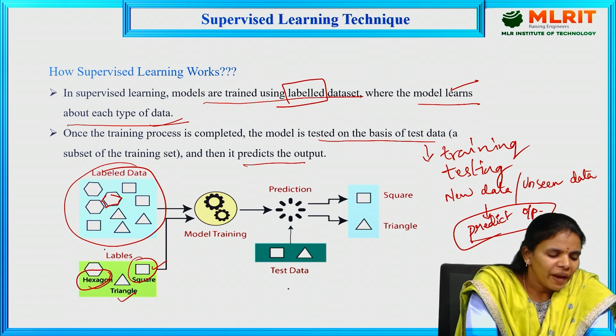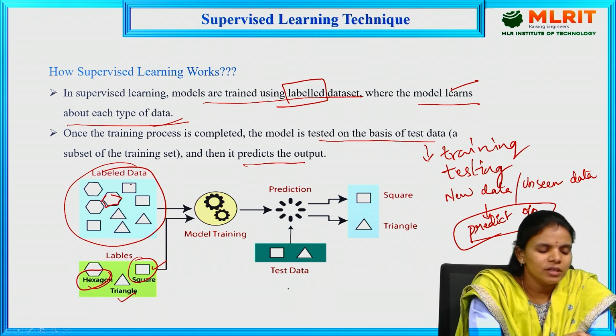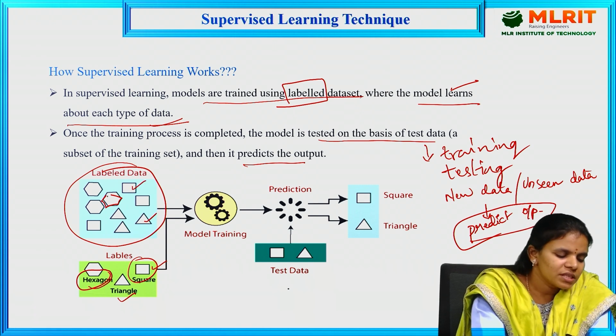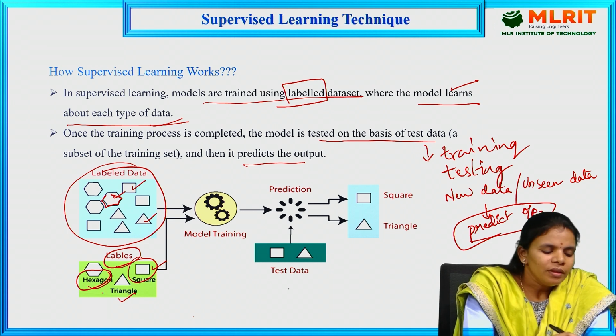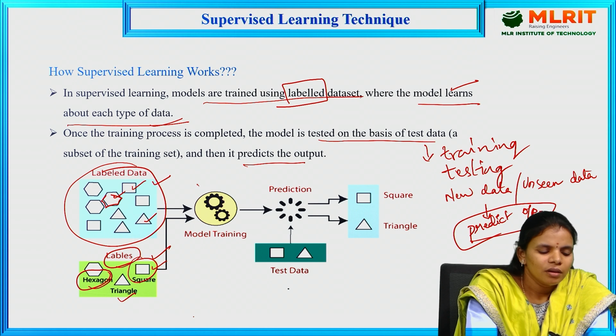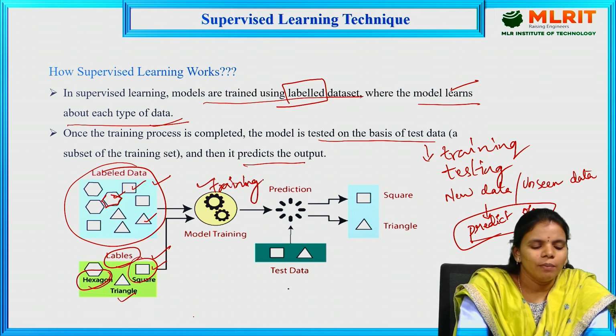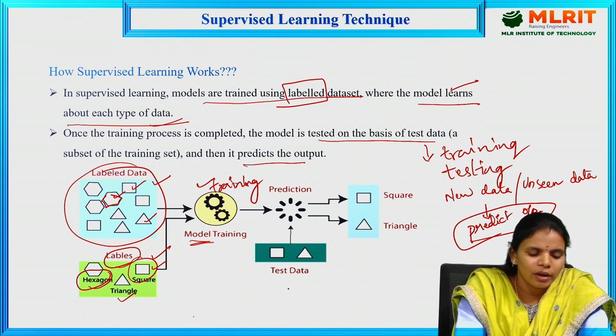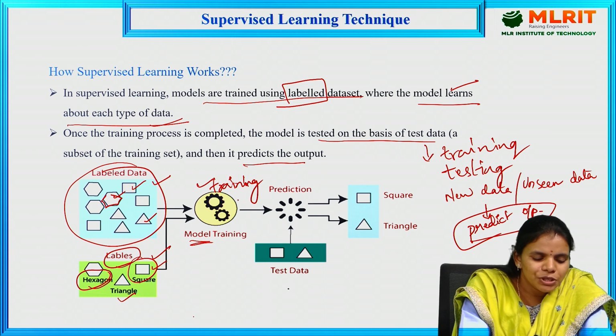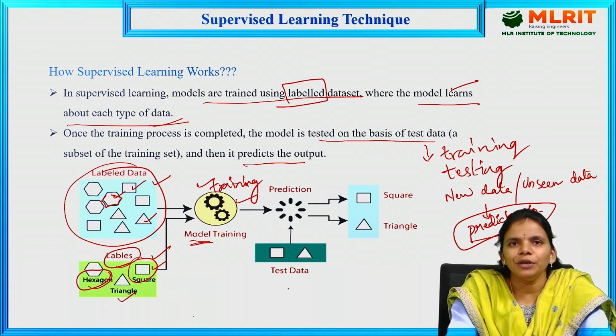So based on the features of the data points, the labels are defined. Now this data set with these labels we are giving to train our model. So I am using a labeled data set to train my model. After completion of this training, the model is ready to predict the output for the unseen data, right?